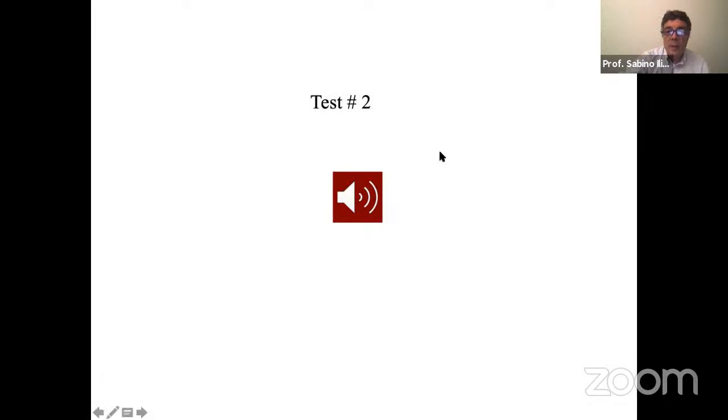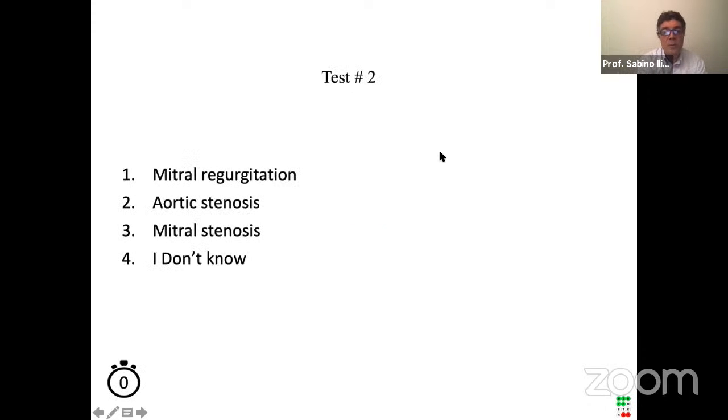Okay, so 4 possibilities: mitral regurgitation, aortic stenosis, mitral stenosis, I don't know. Let's go to the poll. I launch the poll now, and this is test number 2. Please make your vote.